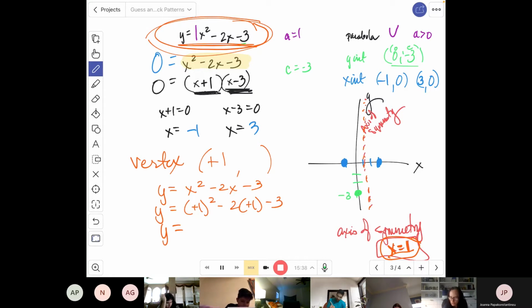Ariana, did you get a value for y? Did you get the y value of the vertex? Ariana, you look very hesitant. Did you get the y value of the vertex? I was still trying to solve it. You're still trying to solve for the y. Okay. Evaluate the right-hand side when x is equal to 1, and let's find y. Abiella, were you able to find the y value of the vertex?